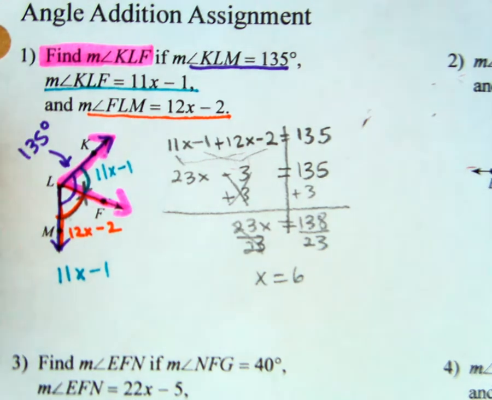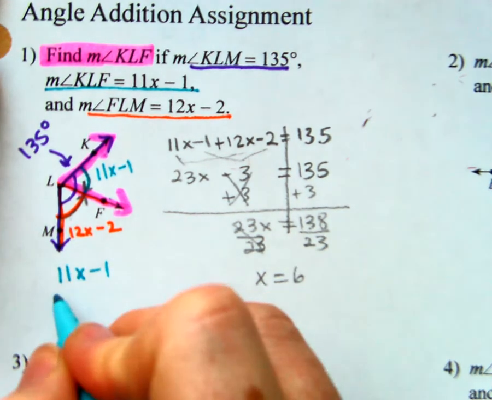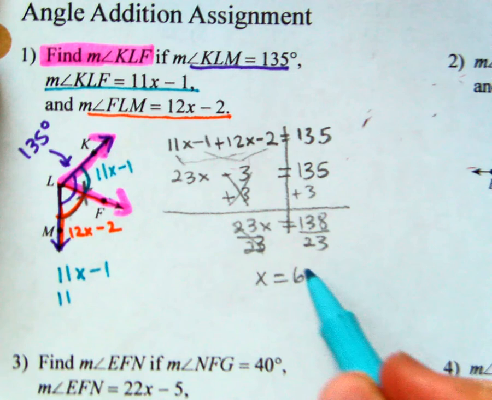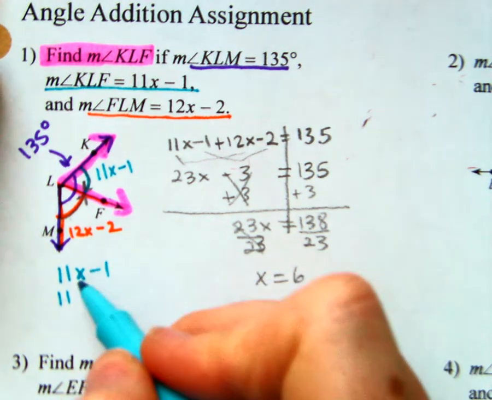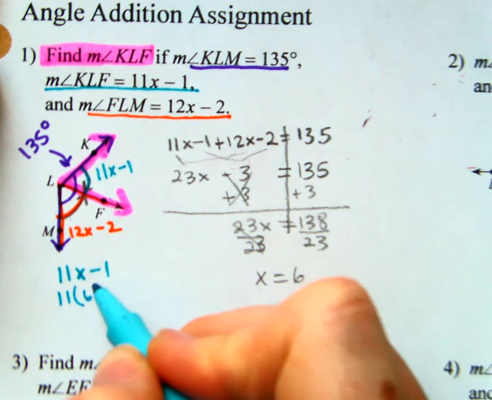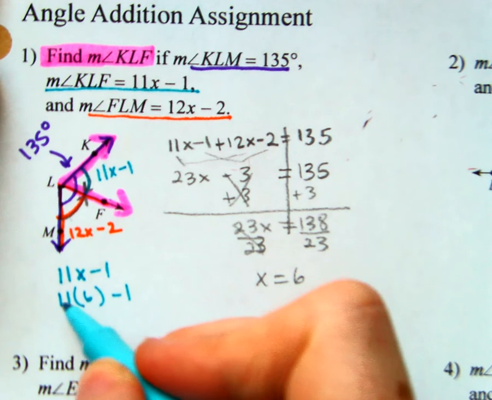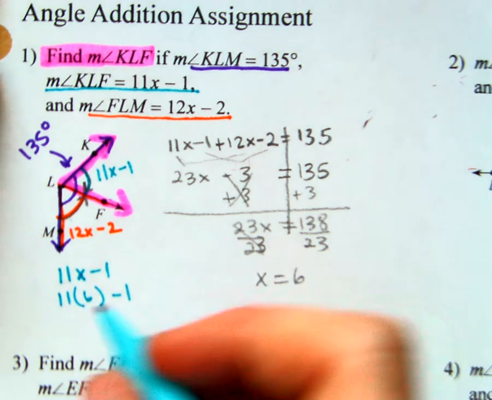I know x is 6, right? So that would be 11 times 6 minus 1, or 66 minus 1, which is 65.